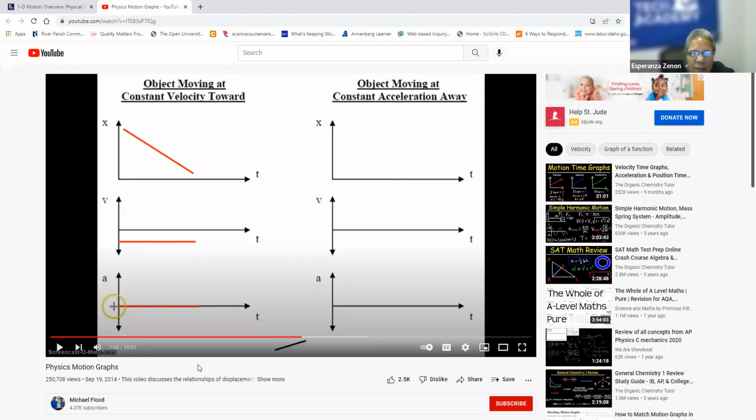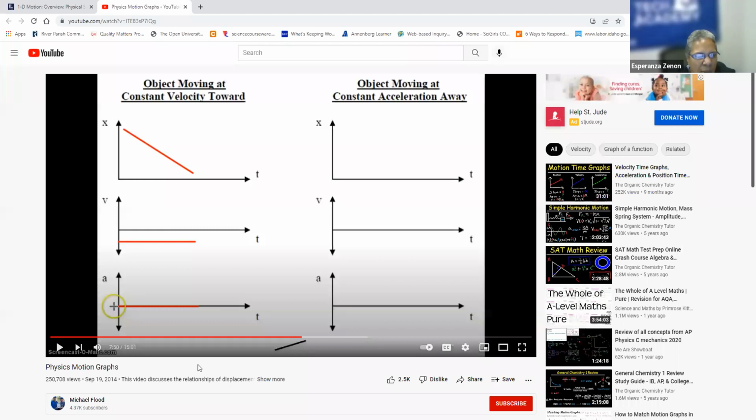Okay, if you want to think of it like that. If it's moving away from the starting point, then things are positive. But if it's moving back toward the starting point, notice in the first graph, the slope is negative. And notice in the VT graph that the velocity is constant, but negative.